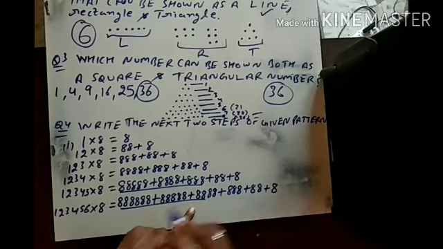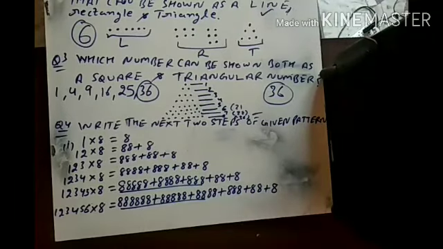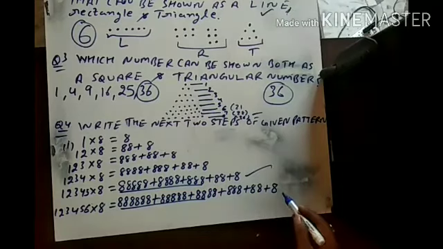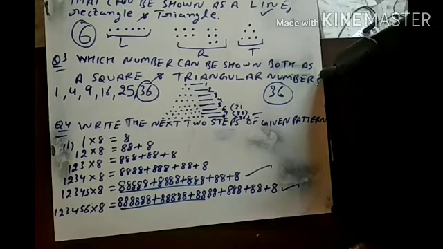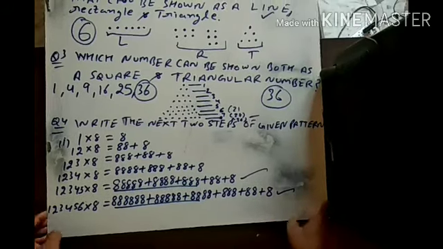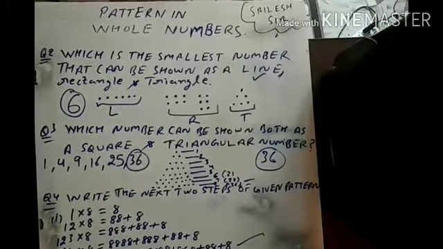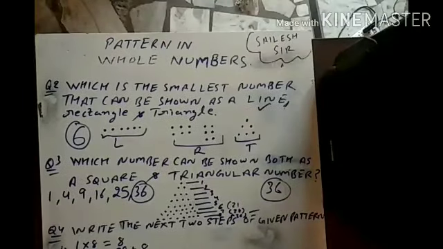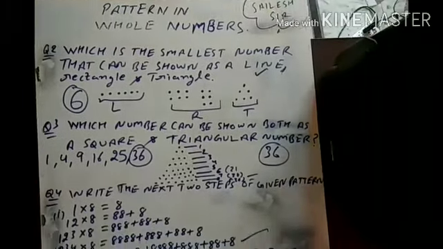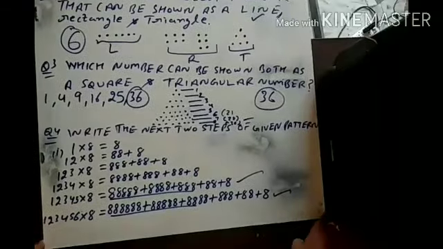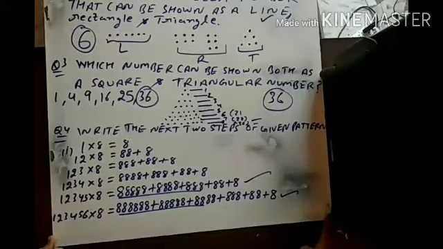And after that 1. So in this way we can write the next two steps of the given pattern. So this covers the video for whole numbers in the pattern manner. Thank you.